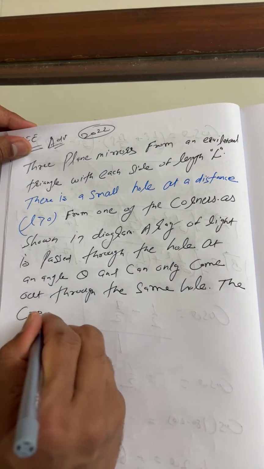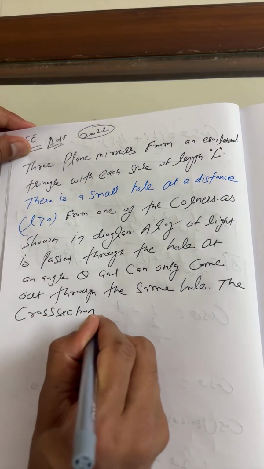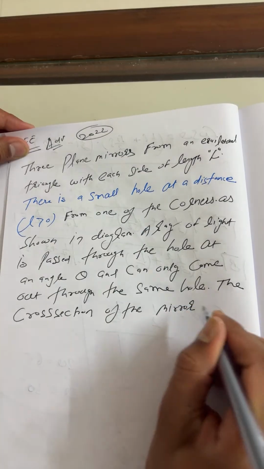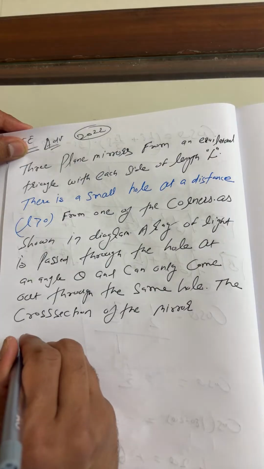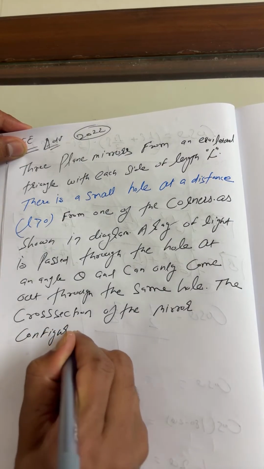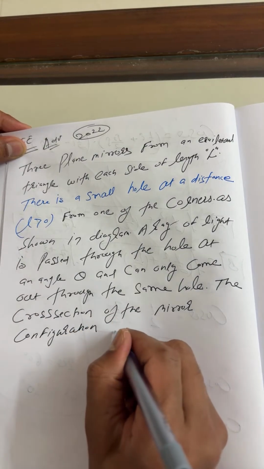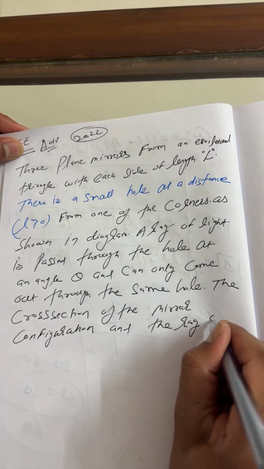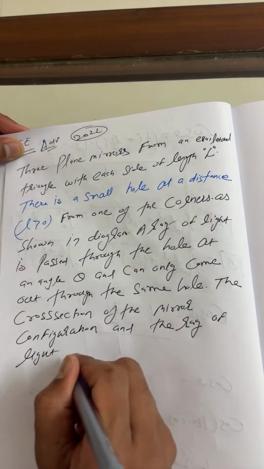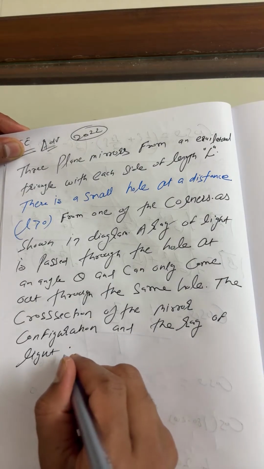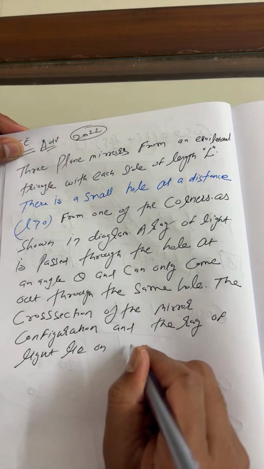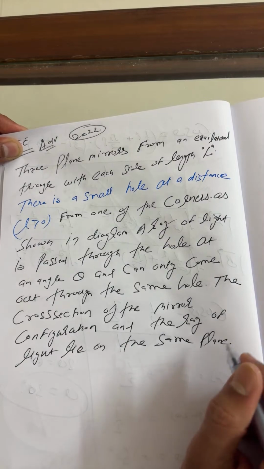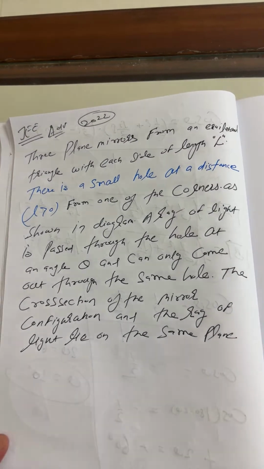The cross section of the mirror configuration and the ray of light lie on the same plane.